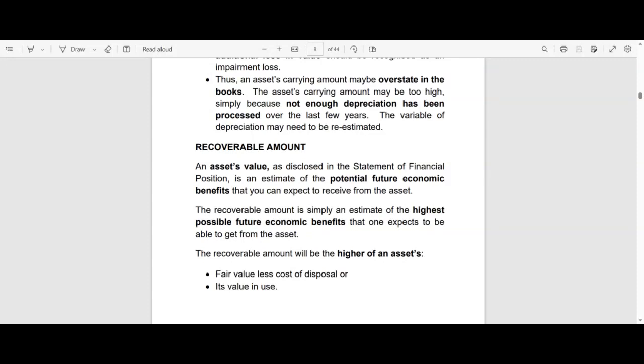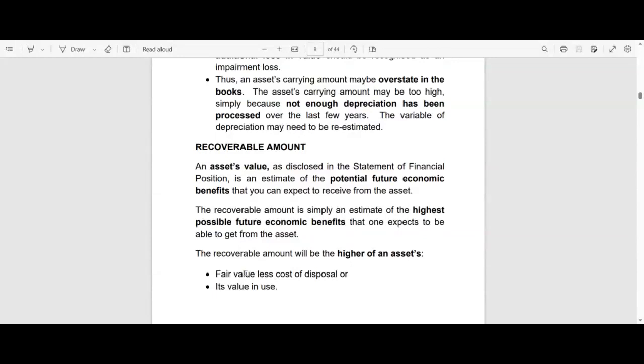They will give you both values, and you've got to know which one of the two values you have to use as the recoverable amount. So the recoverable amount is the higher, not the lower. That is the point I want to make. We get the benefit. It's the higher of that asset's either fair value less cost of disposal, in other words, what you can sell it for.